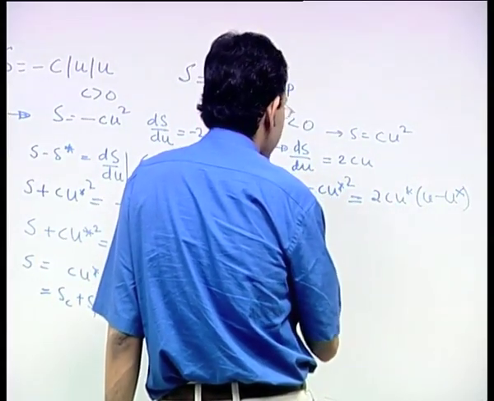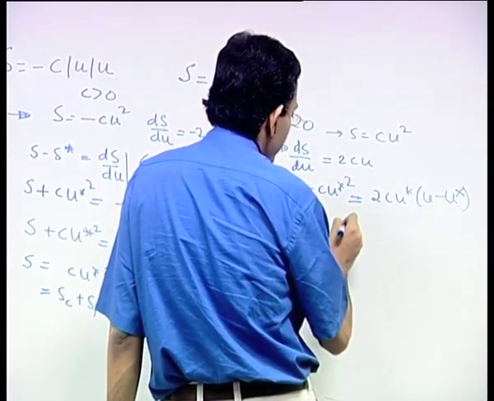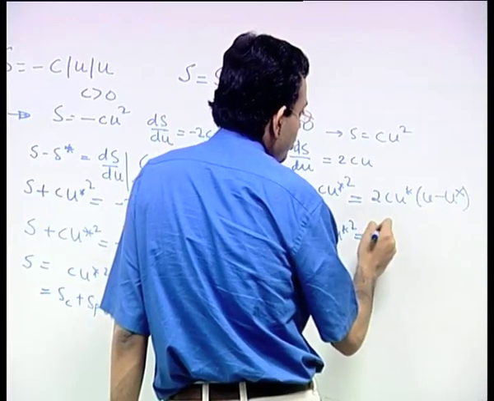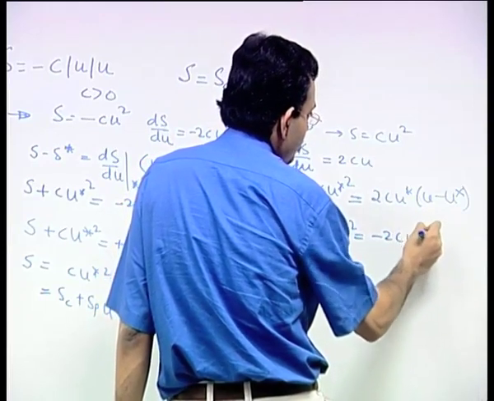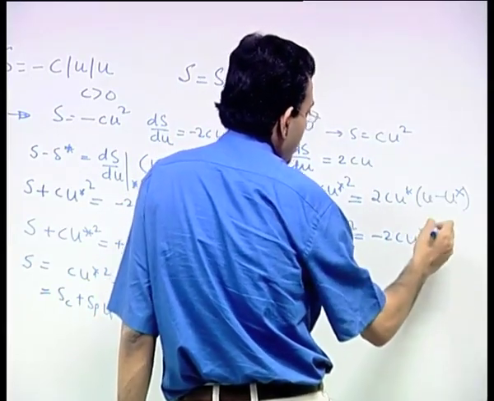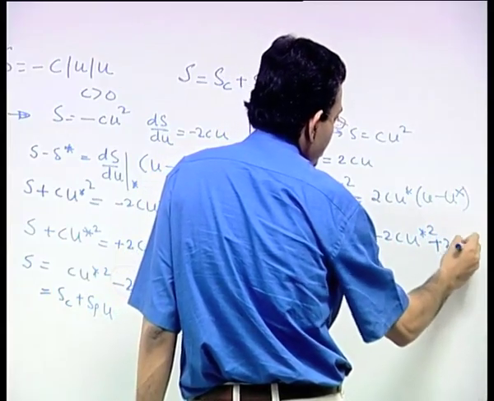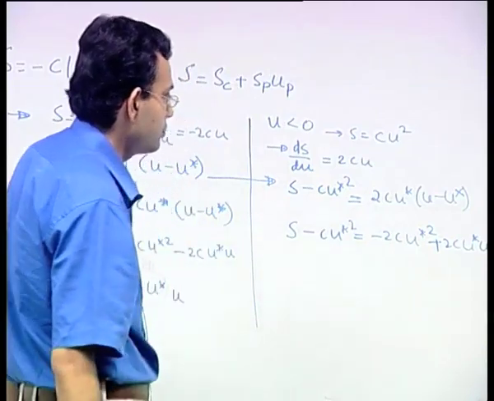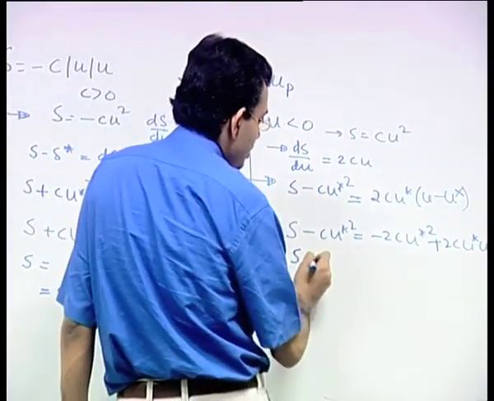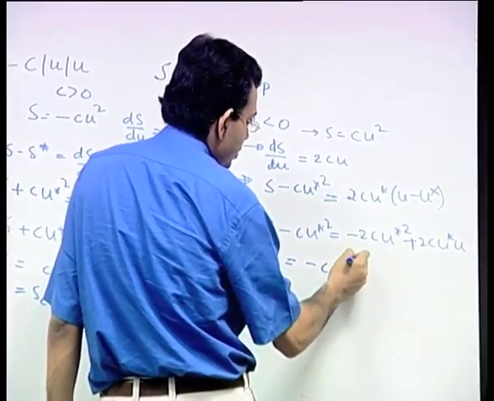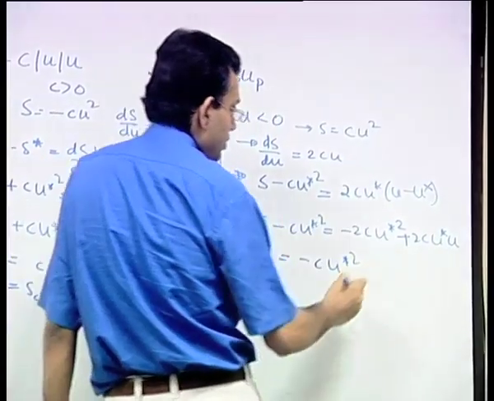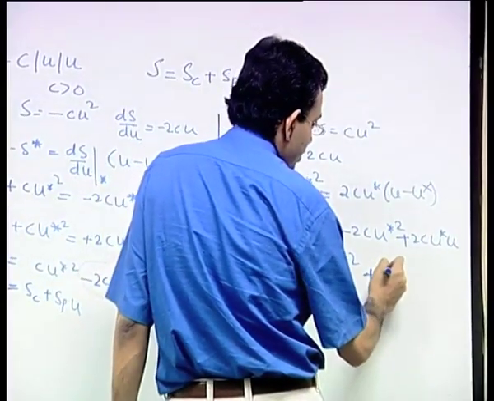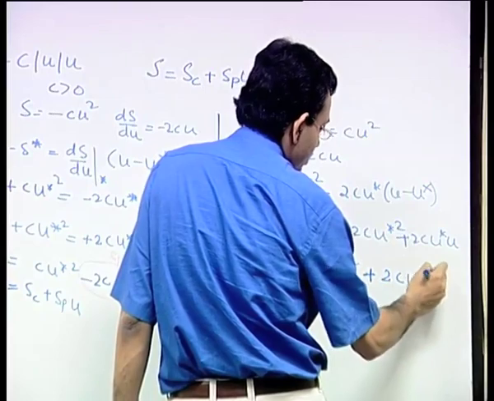So, S minus C u star square is equal to minus 2 C u star square plus 2 C u star u. So, S is equal to minus C u star square plus 2 C u star u.